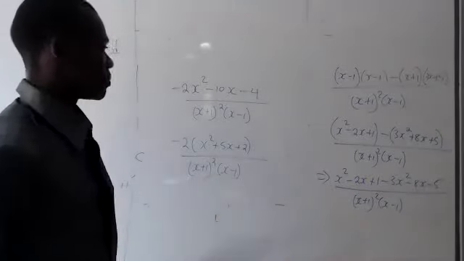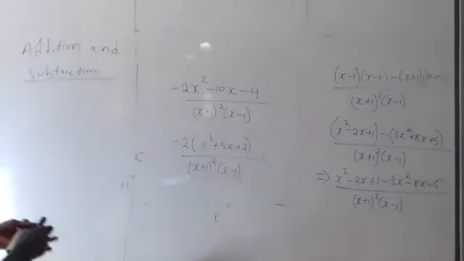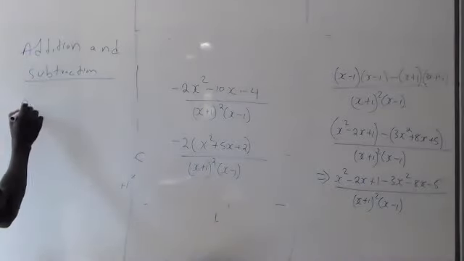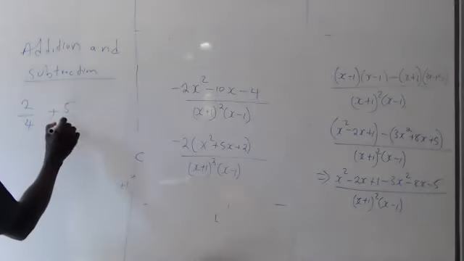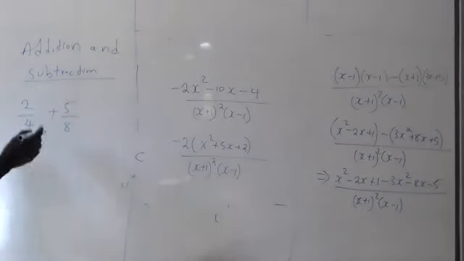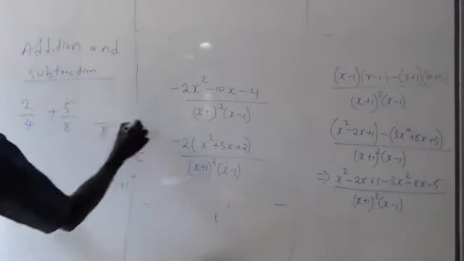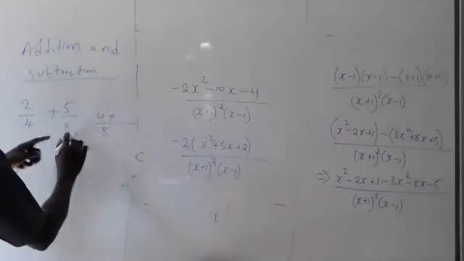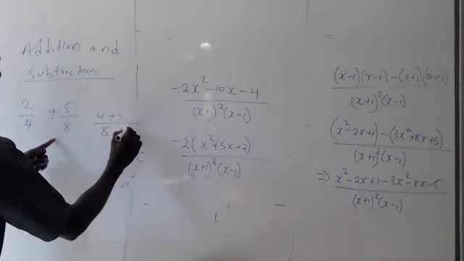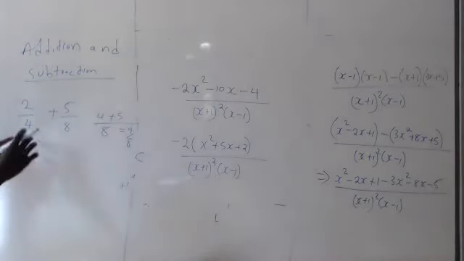There's no problem. Just like when we're dealing with numbers, for example, 2 divided by 4 plus 5 divided by 8. I know the LCM is 8, so I could use the LCM. 4 goes into 8 twice, so 2 times 2 is 4; 8 goes 1, so we'll have 9 divided by 8. But I could also take the product.